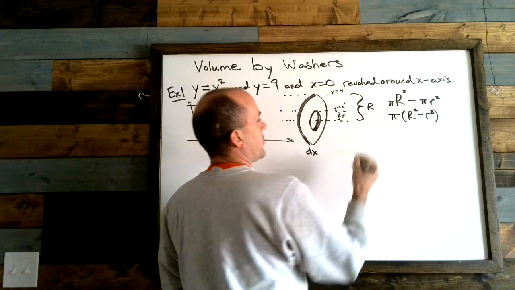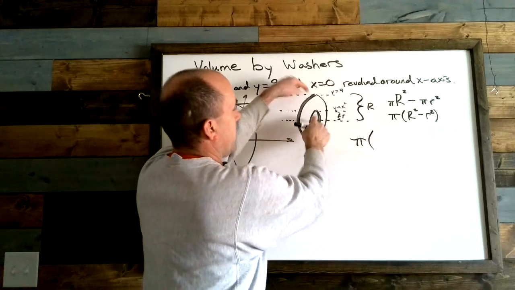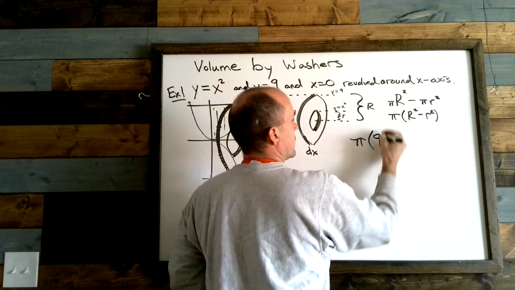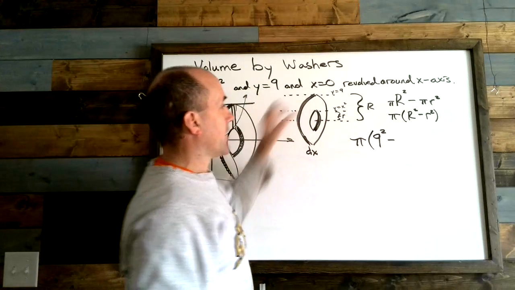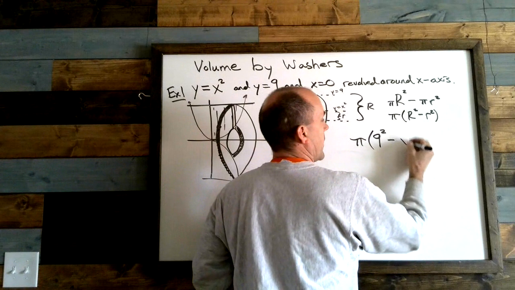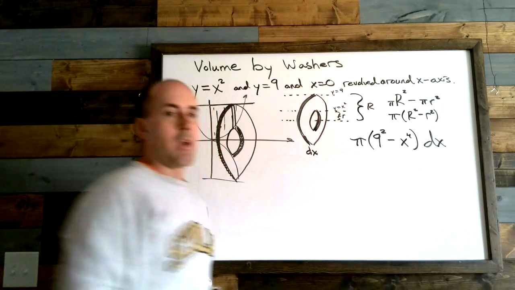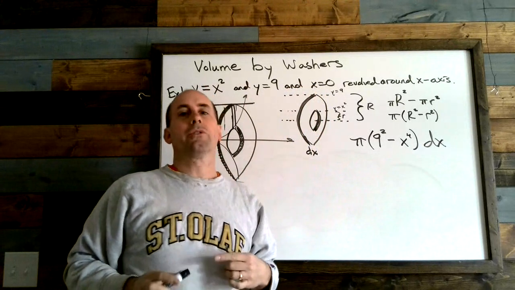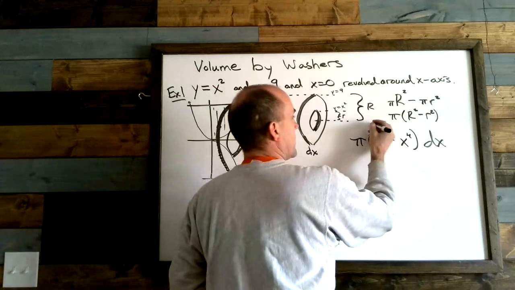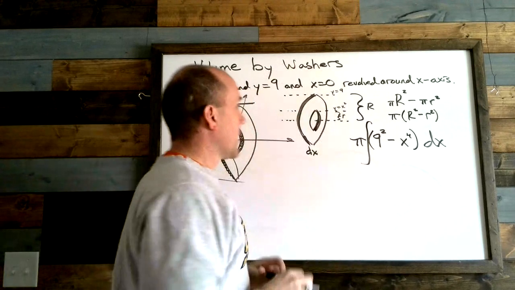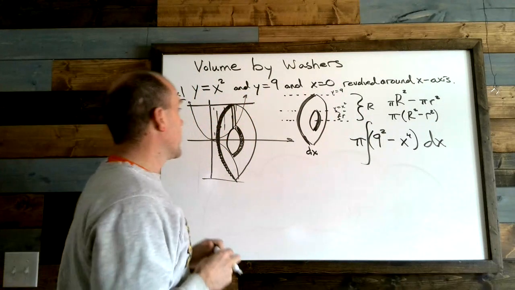In this situation, we have pi times big radius 9 squared minus little radius x squared, or x to the 4, dx for our width. And that's the volume of one of the washers. We would like to do an infinite number of washers, and so we slap an integral symbol in place, and we integrate.